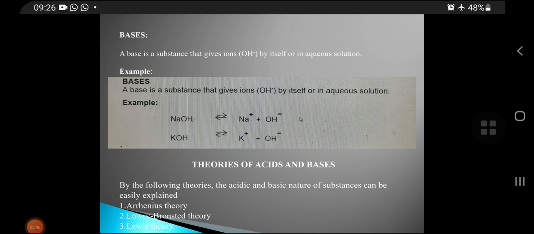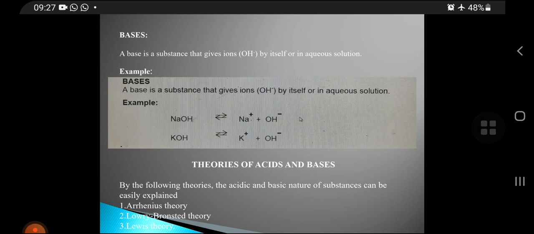Next one, base. A base is a substance that gives ions of OH minus by itself or in aqueous solution. In the base definition, any substance produces a negative ion. In the acid concept, we discussed the positive ion.